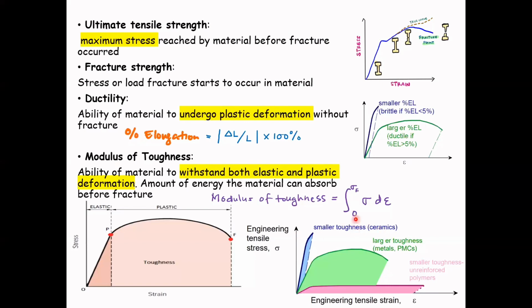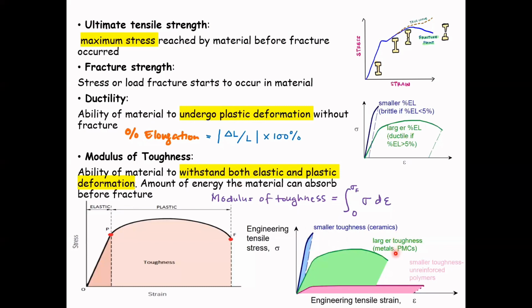So here we have different toughness of different types of material. We can see that materials that display a small toughness, such as ceramic, have a small area under the curve.